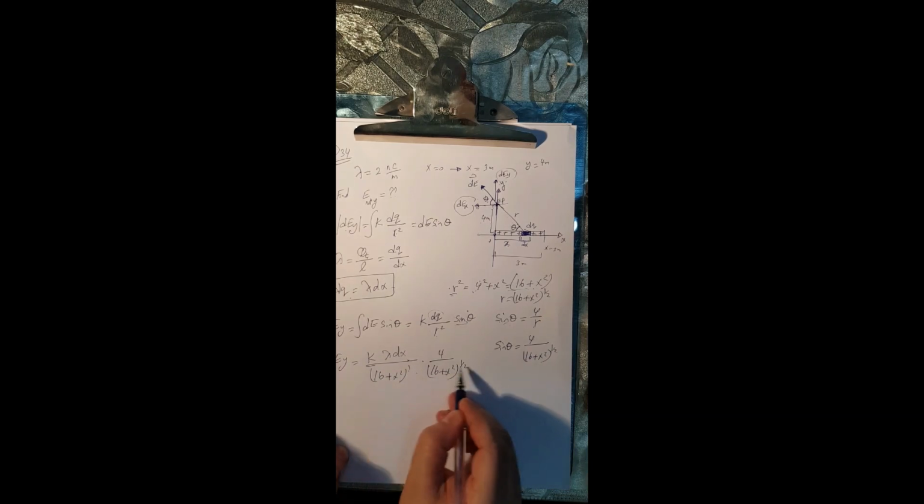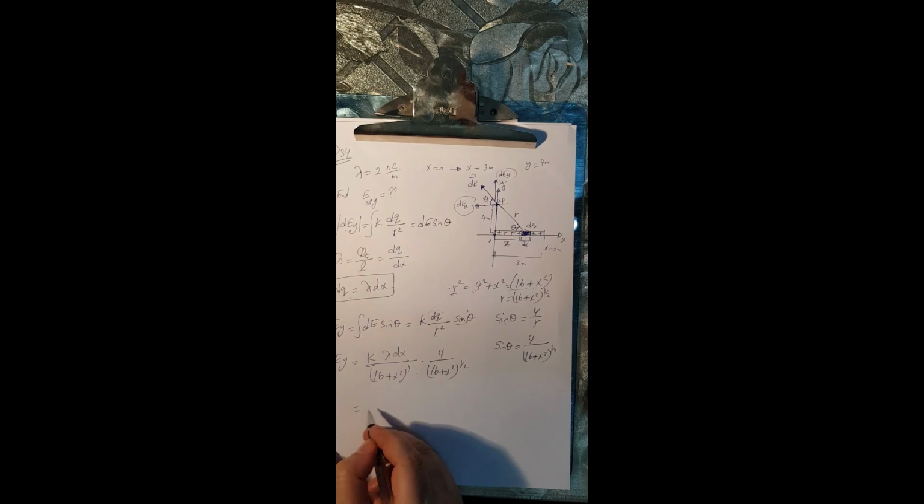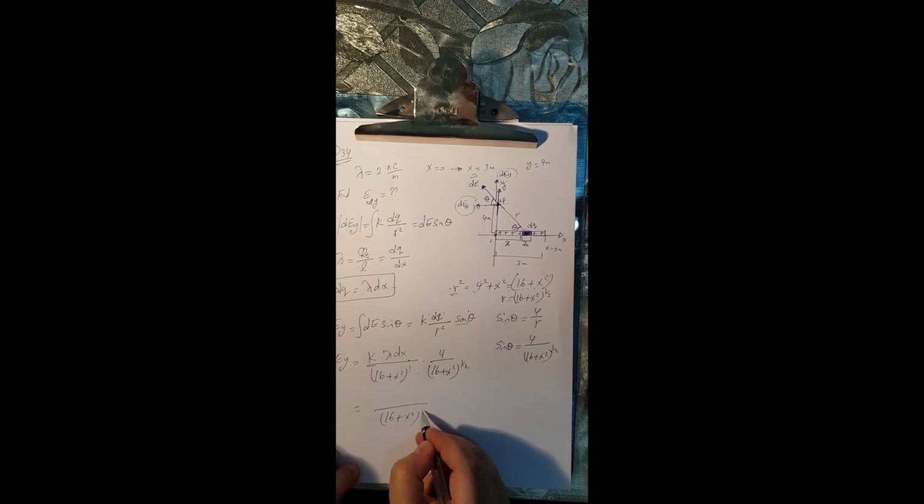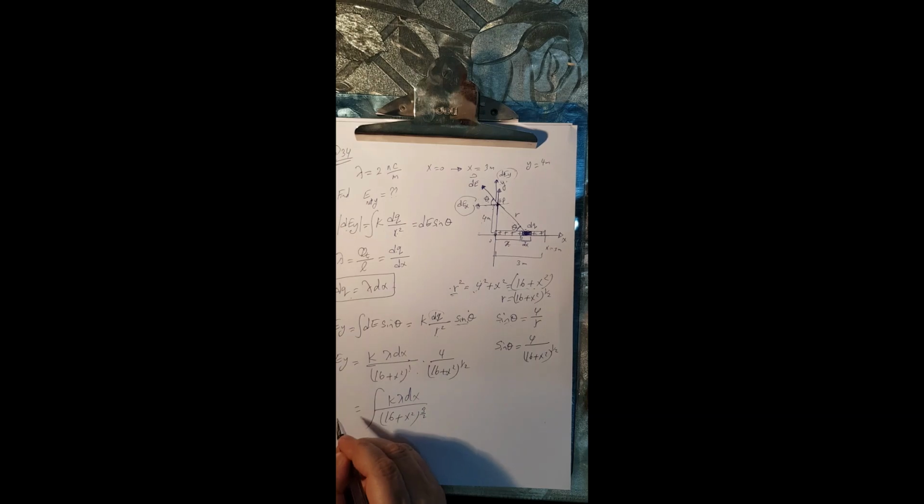Now here you see it's the same term. This is power 1, this is power half, so it's 16 plus x squared to power 1.5, 3 over 2. K lambda dx integration. This will give us EY only.